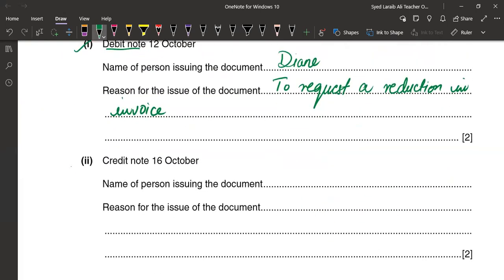The second is credit note. A credit note is issued by the supplier and the name is Odomo. The reason behind it is to acknowledge the sales return.